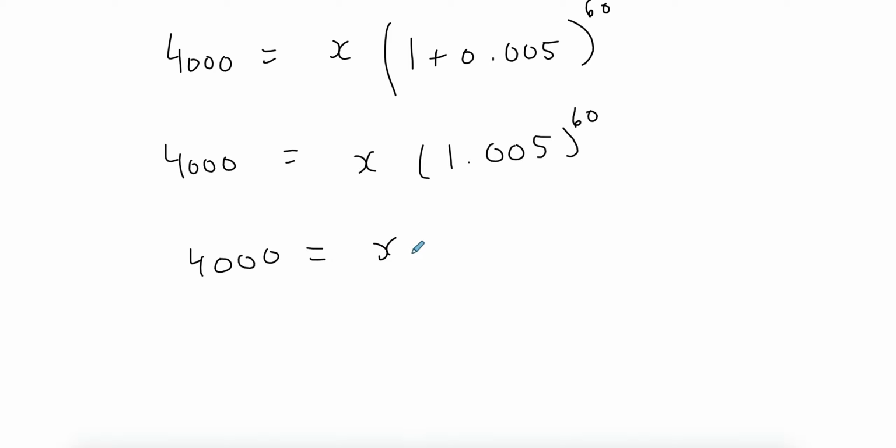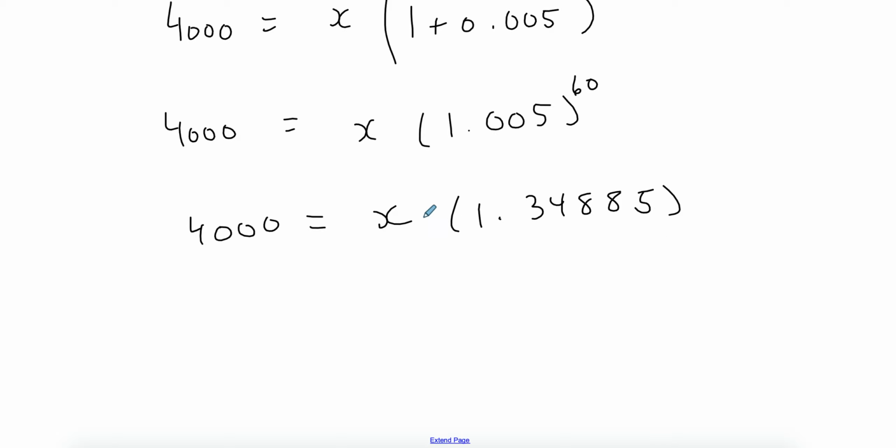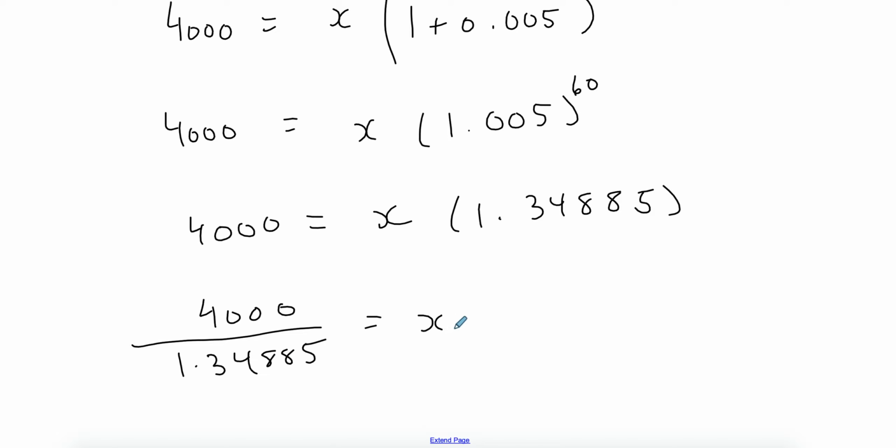I'm just showing you how the simplification happens. This whole thing will be 1.34885. And then if I want to get rid of this and find x, obviously I'll have to divide by it. So 40,000 divided by this whole mess, and you're going to get x.